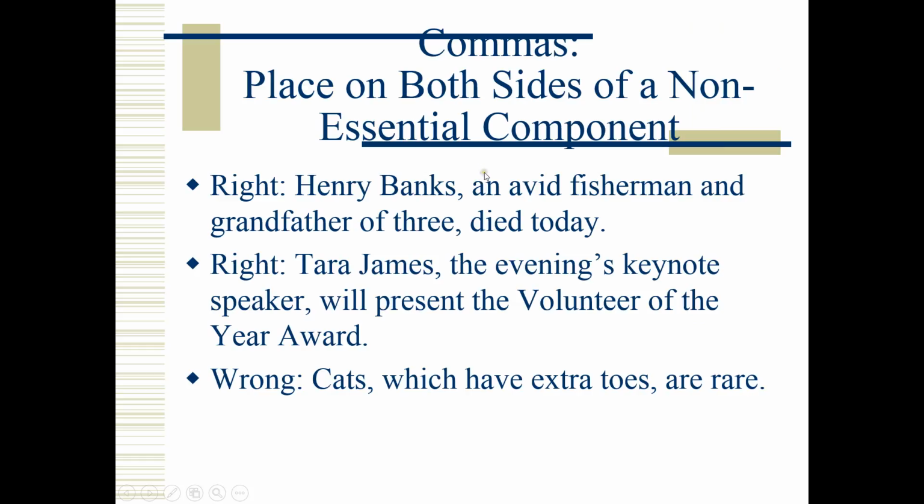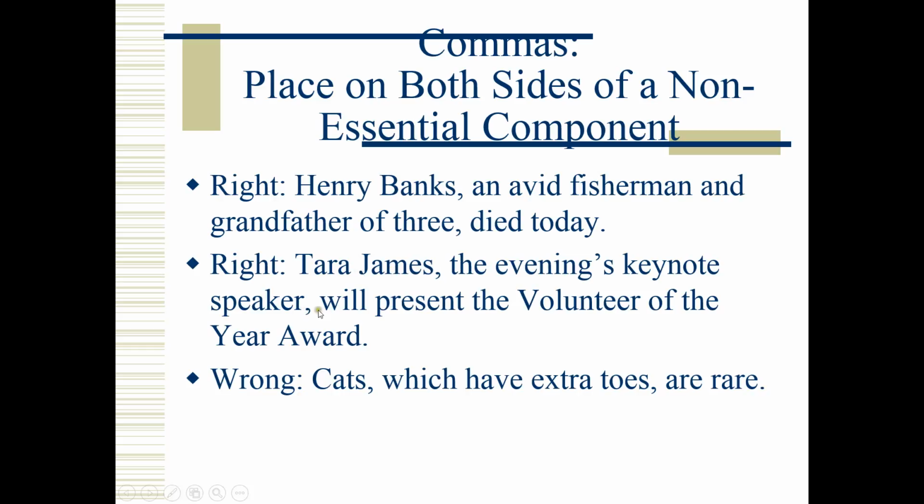Similar concept here. Look at the other grammatically correct example. Tara James, comma, the evening's keynote speaker, comma, will present the Volunteer of the Year award. Now, again, let's focus in on that information between the commas.